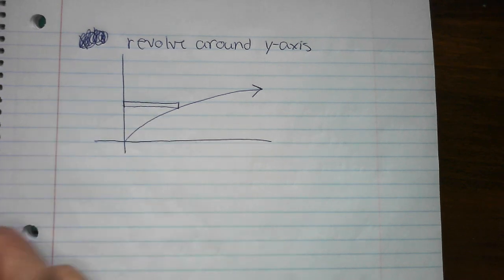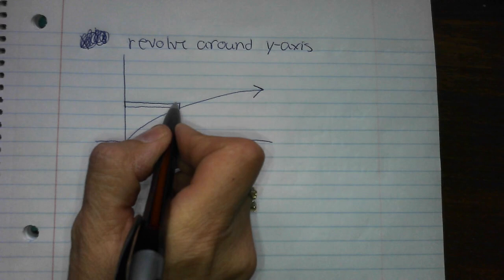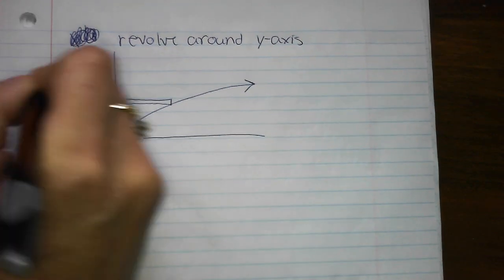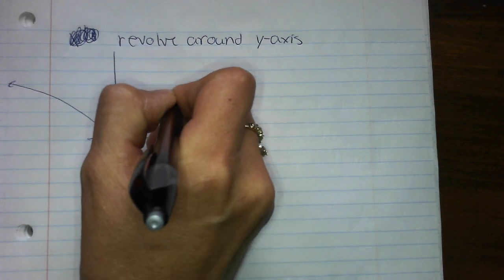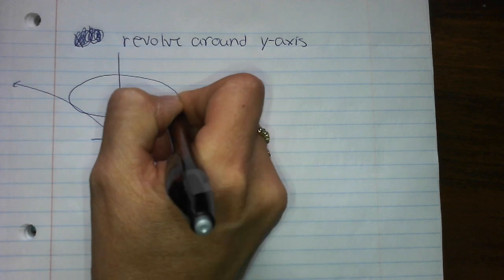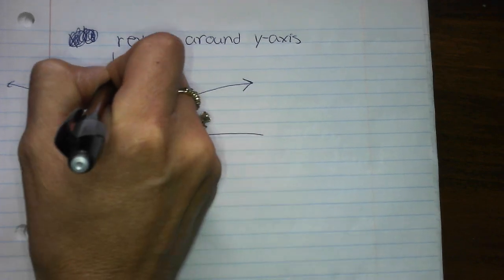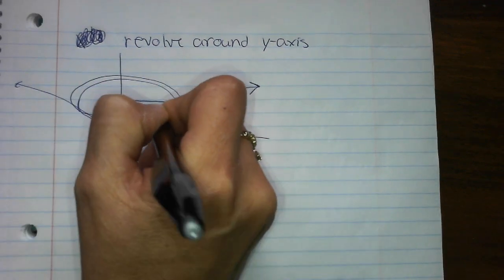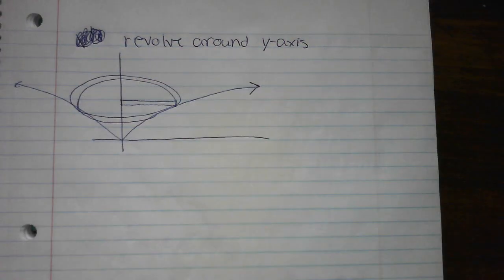When this rotates around, again, my drawing skills are going to be terrible. We're just going to get that little skinny, flat cylinder.